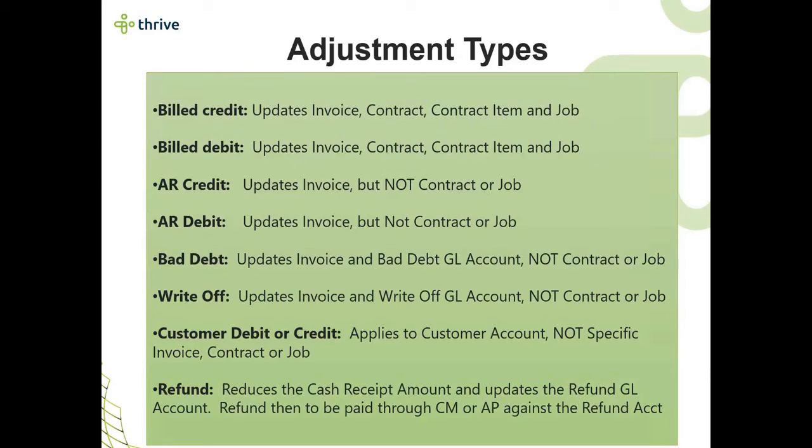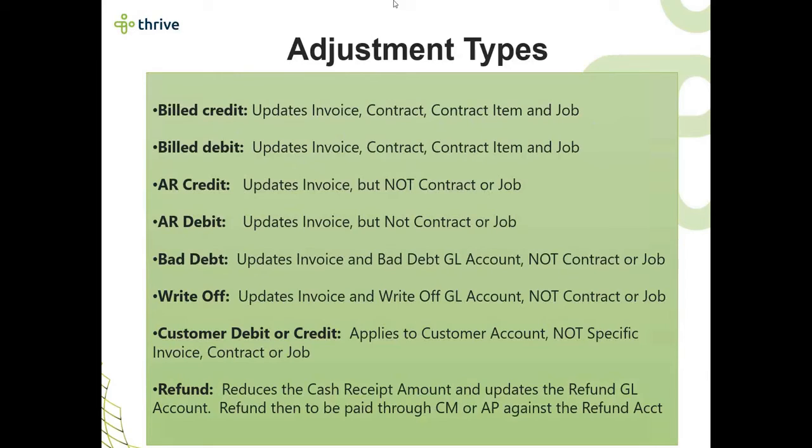It doesn't go back to the billing module and update it there. So if you rely on some reporting from the billing module on amounts invoiced, that wouldn't be the preferred way to go, using billed credit and billed debit. In that case, it'd be best to actually void the invoice in AR and go back and fix it in the billing module.